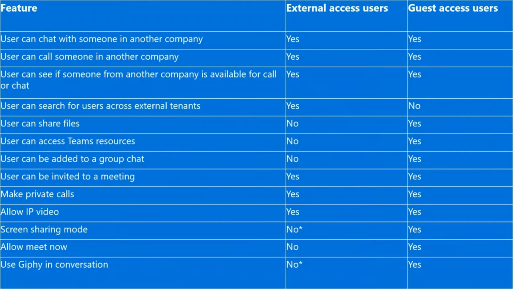You can chat. If you want to allow screen sharing mode, that is not available in external access, but that is available in guest access. So basically this chart gives you a feature difference between external access and guest access so that you can choose whatever is best suited for your organization.